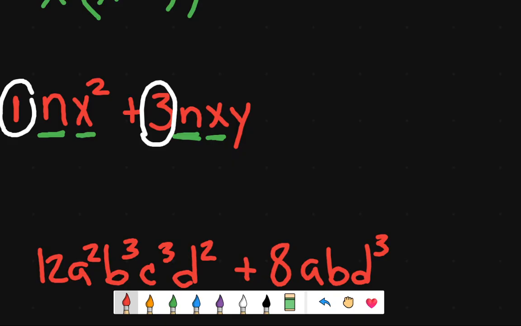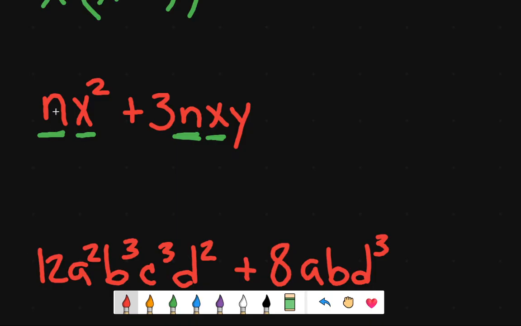So what is the greatest common factor between 1 and 3? It would be 1. So when we factor out these coefficients, we're just going to leave it as 1.